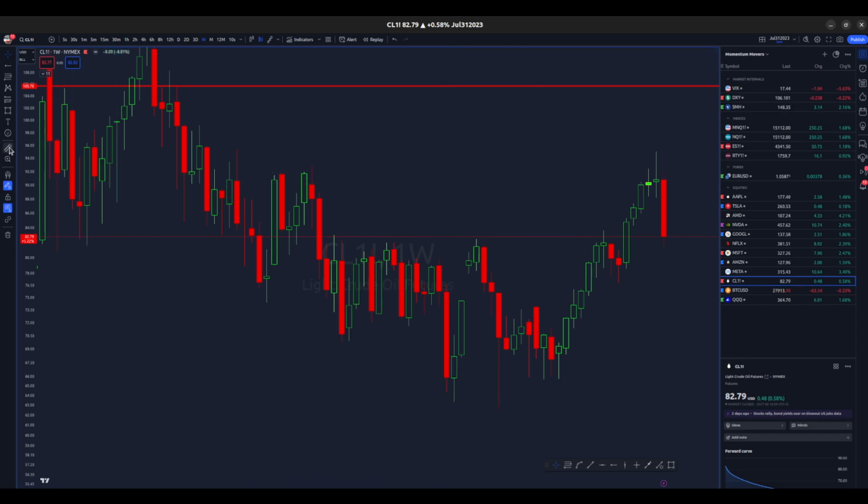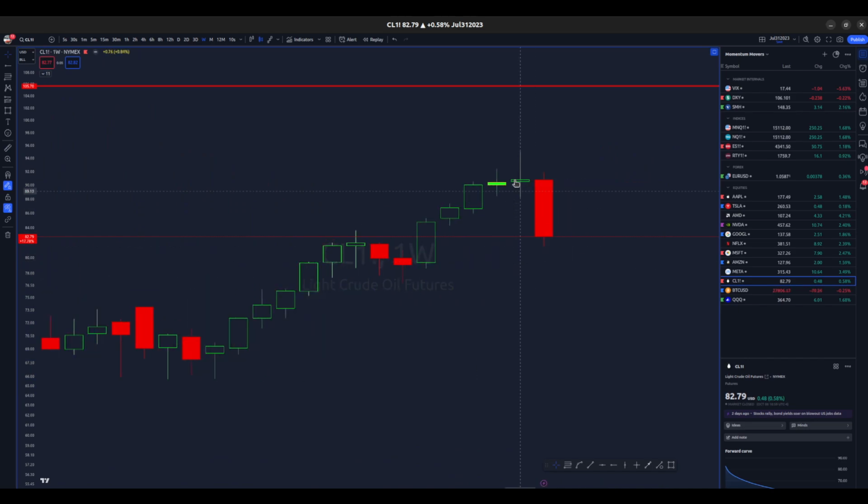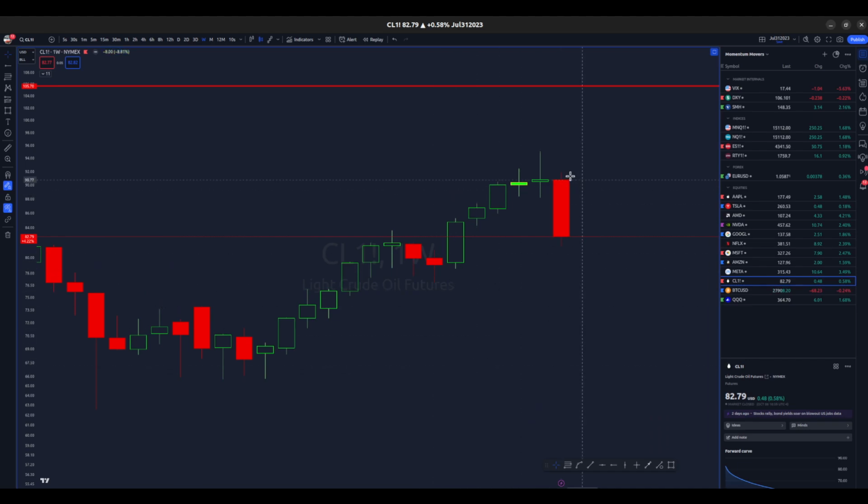Since those lows in May, we have been on a tear for a good 51%. That's decent upside. Over the last week, we have sold off, making our first real lower low and lower high since the run up. We've had a few, but this is the most pronounced. We've also come back in and tested this area right here for support.